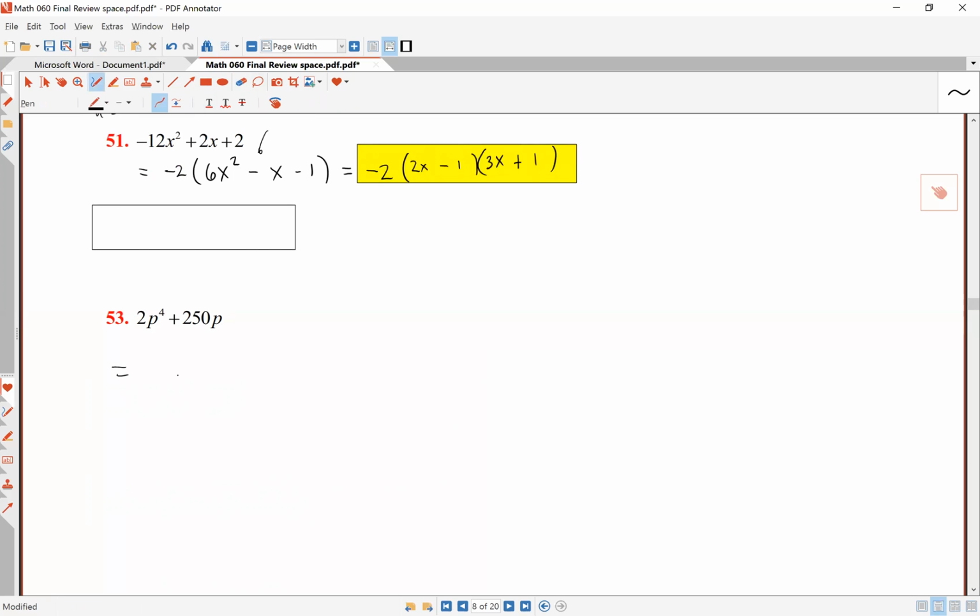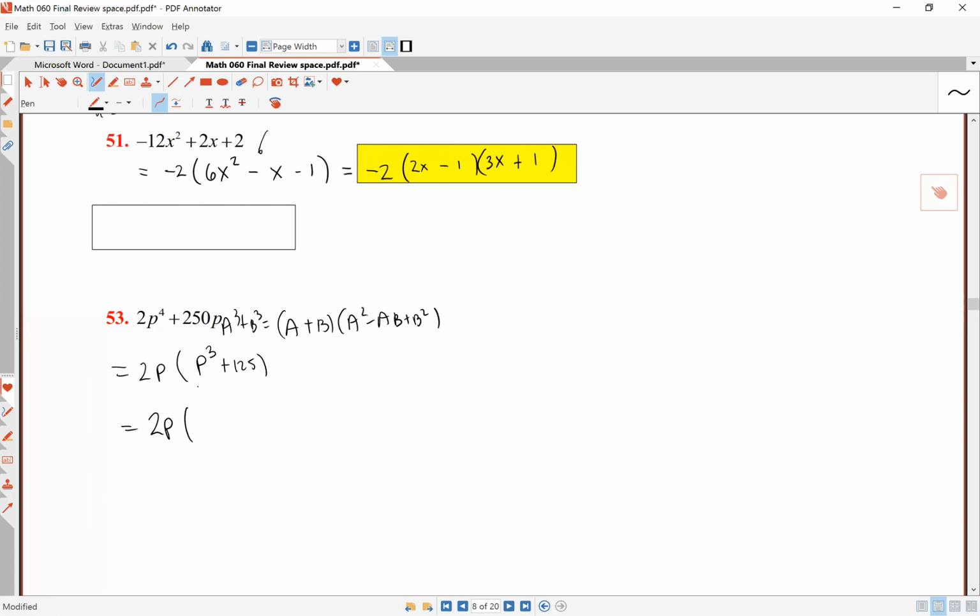All right, 2p to the fourth plus 250p. We take out a 2 and a p, which leaves us with p cubed plus 125. That's the sum of cubes formula. A cubed plus b cubed is a plus b times a squared minus ab plus b squared.